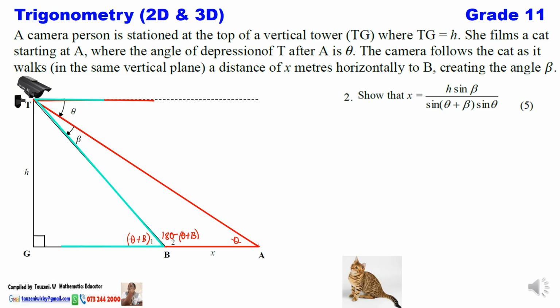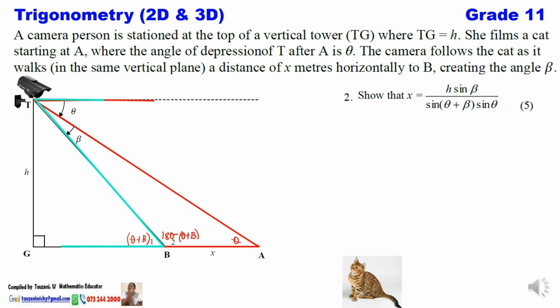So for us to work this one out, since we want to show BA, we need one of the sides to be given. We need the line from T to B or the line from T to A. One of those two lines must be there for us to be able to work out the value of BA since the angles are there.